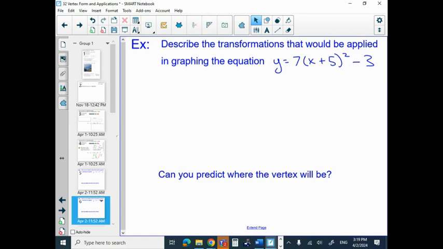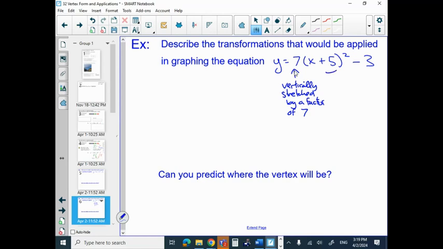So here we go. Here's another example. So describe the transformations that would be applied. So we could say that the 7, of course, it'd be really tall and skinny, so it'd be vertically stretched by a factor of 7. So it'd be really tall and skinny.